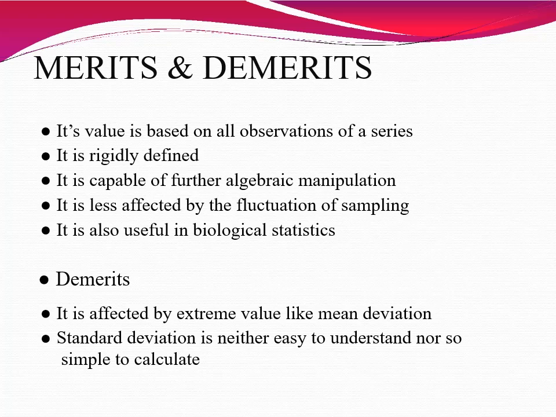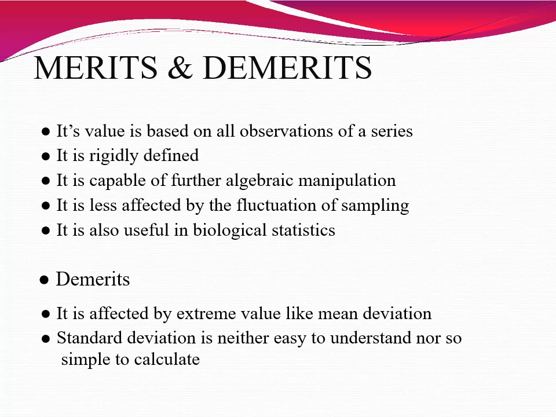So the degree of scatteredness is minimum in standard deviation. It is widely accepted in biological statistics studies, and it is of great importance when comparing the variability of two series.